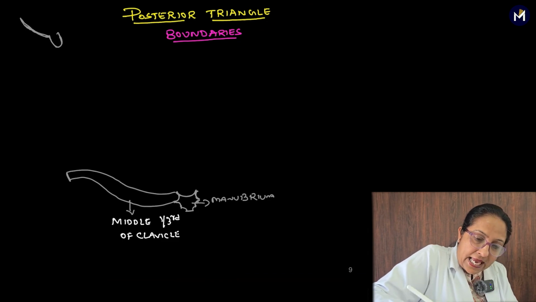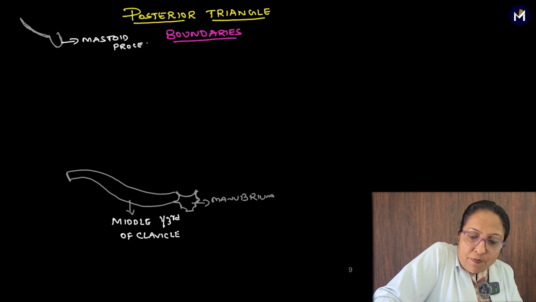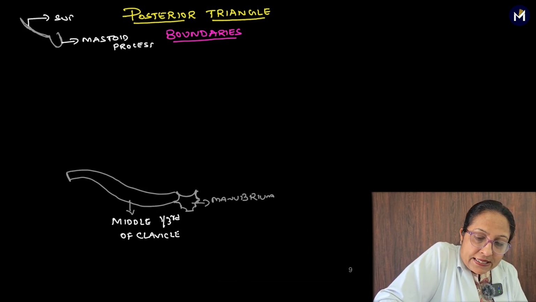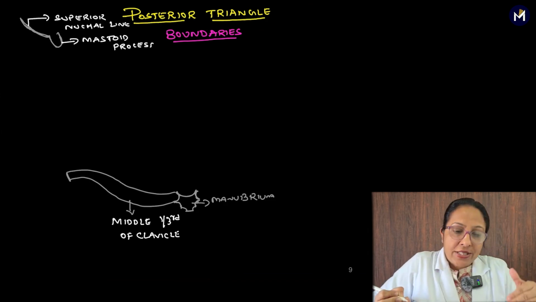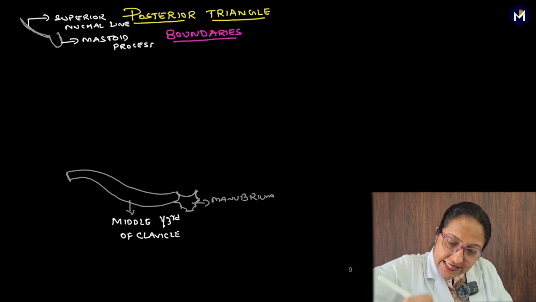So, label this as mastoid process, which you felt just now behind your ears, and this is superior nuchal line. Now that the bony points are clear, first we'll draw the boundaries, that's the muscle.